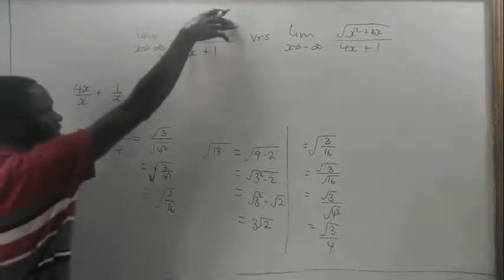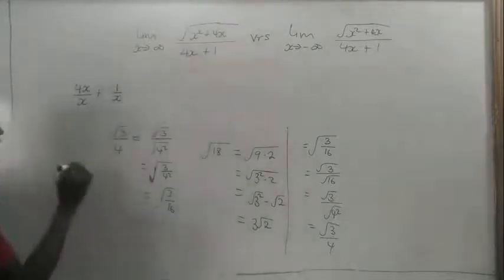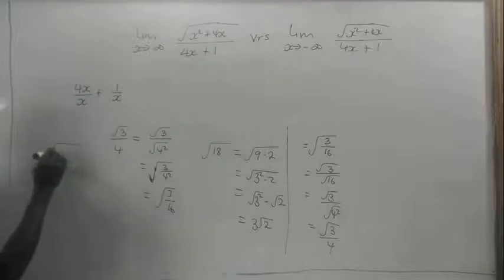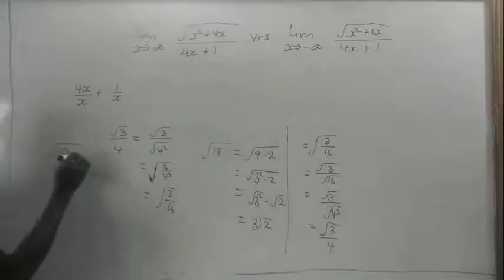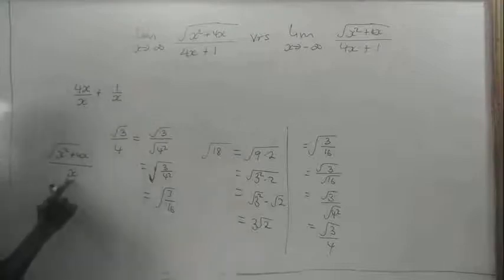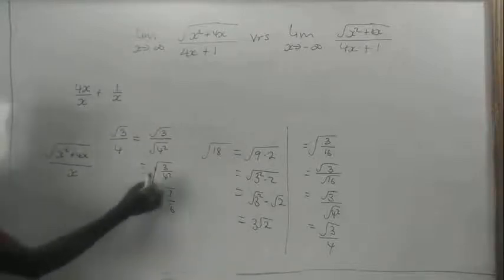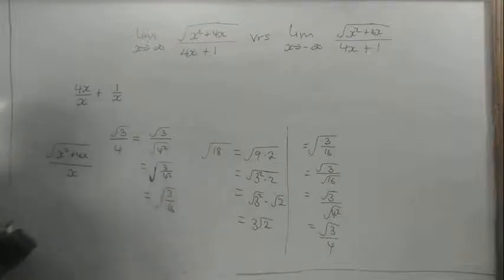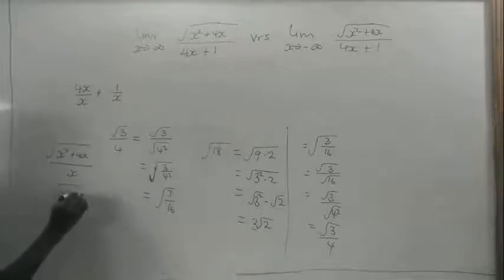If we take the radical, that is, if we take the square root of x squared plus 4x, we will divide this one by x. But we want this x to go inside the radical. That is where we use this idea. Very simple as that. So we will take the square root of x squared plus 4x divided by the square root of x all squared.